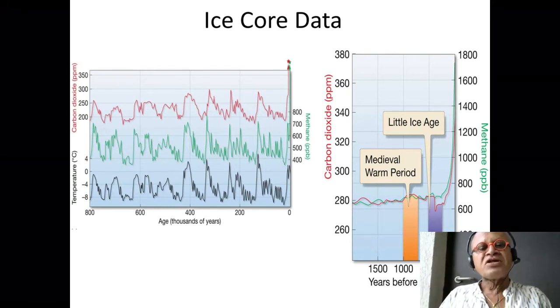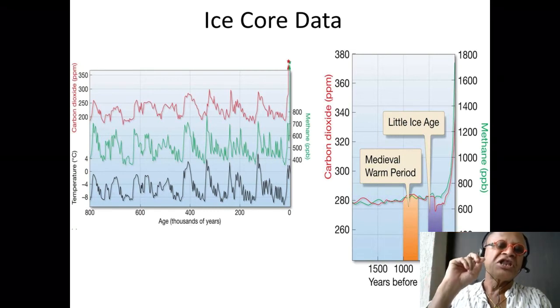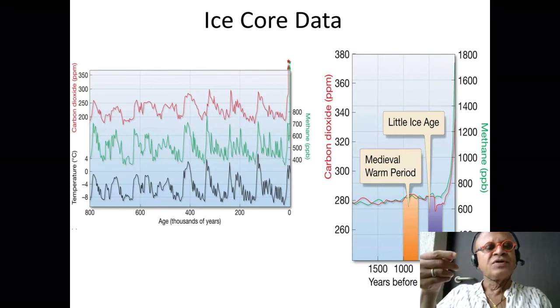Why is it cooling slowly over time? Because remember, if the radiation perturbation is now going back to reduced incoming energy, this is going to make the temperature cooler. This is going to make the glacier growth favorable. But how is the glacier growing?